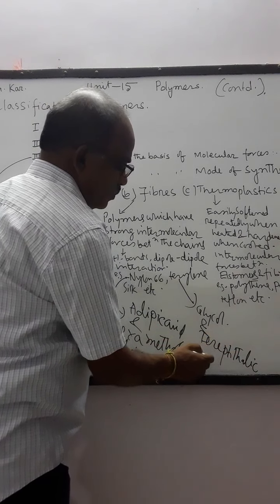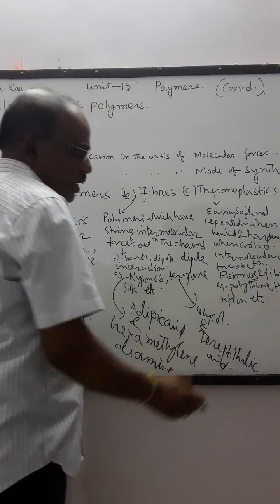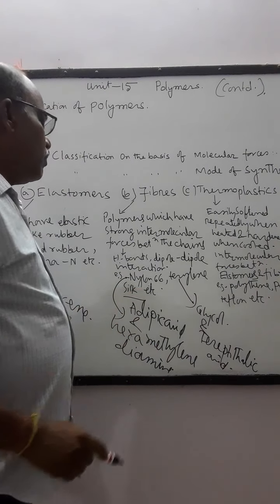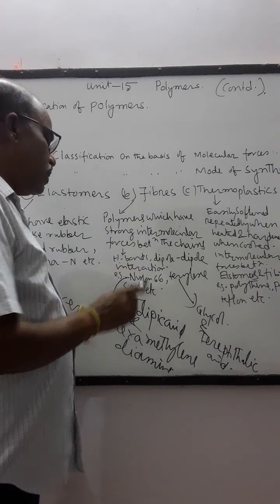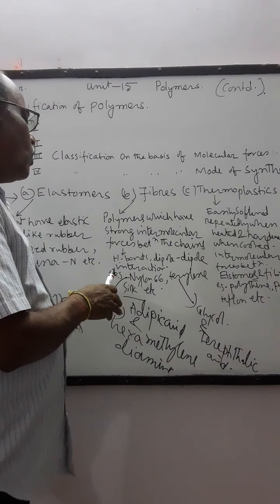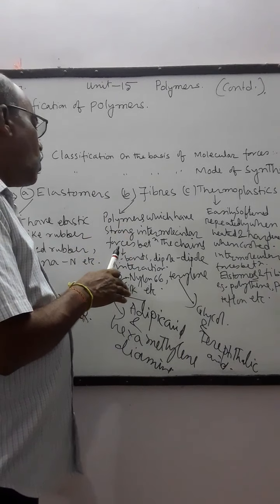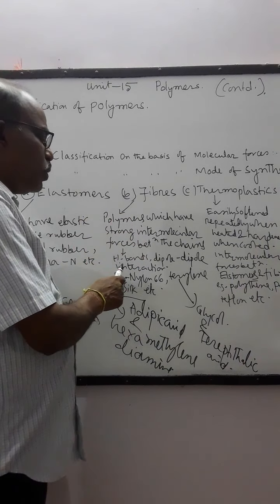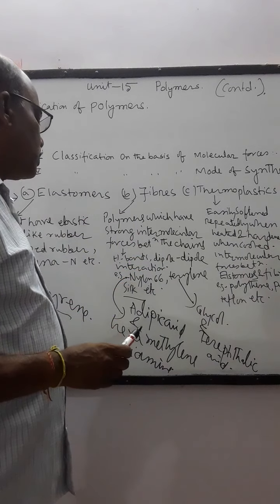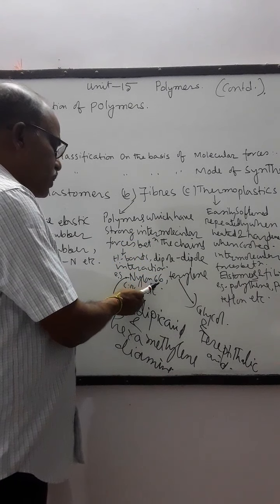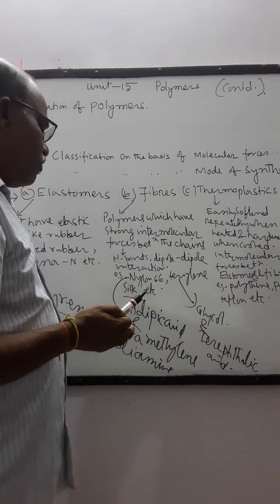It is an aromatic dicarboxylic acid. And another fiber is silk, which is a natural fiber. So fibers are polymers where intermolecular force is very strong, due to either hydrogen bonding or dipole-dipole interactions. It may be nylon 6,6, terylene, or silk. Silk is a natural fiber.